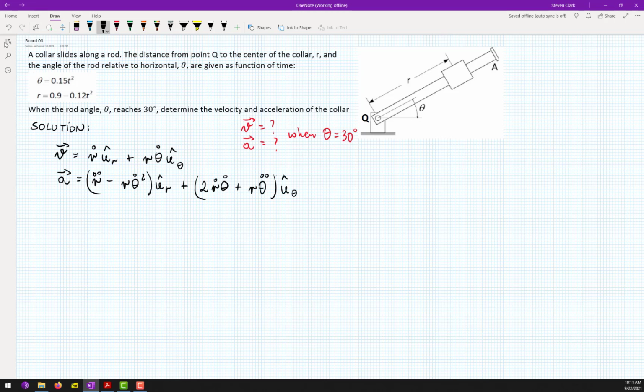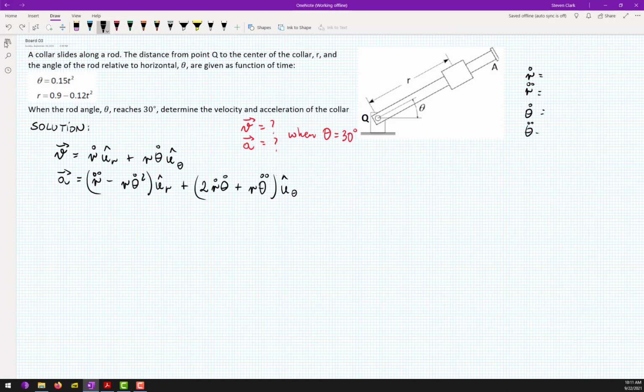Okay, so we have our expressions, and we are just going to fill them out. We are going to basically find r dot, r double dot, and so on. We're gonna find these guys. We will find theta dot, theta double dot, and we will just plug them back in here, and we will call it a day. And this is the end of the problem.